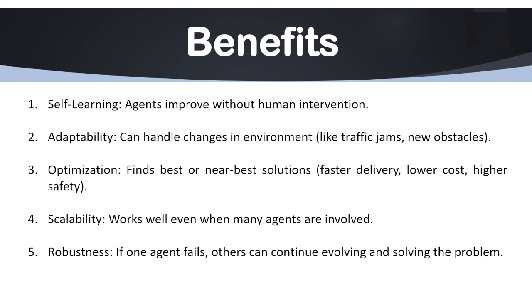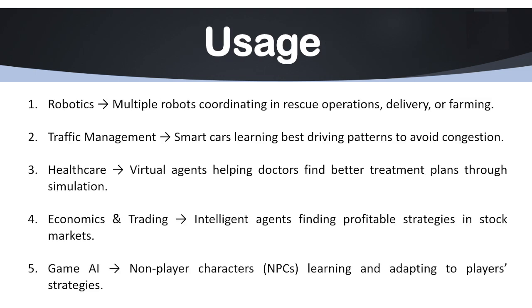Before moving to its benefits, I would like to share with you a simple real life analogy. Think of a team of students preparing for exams. We have a group of students preparing for an exam.